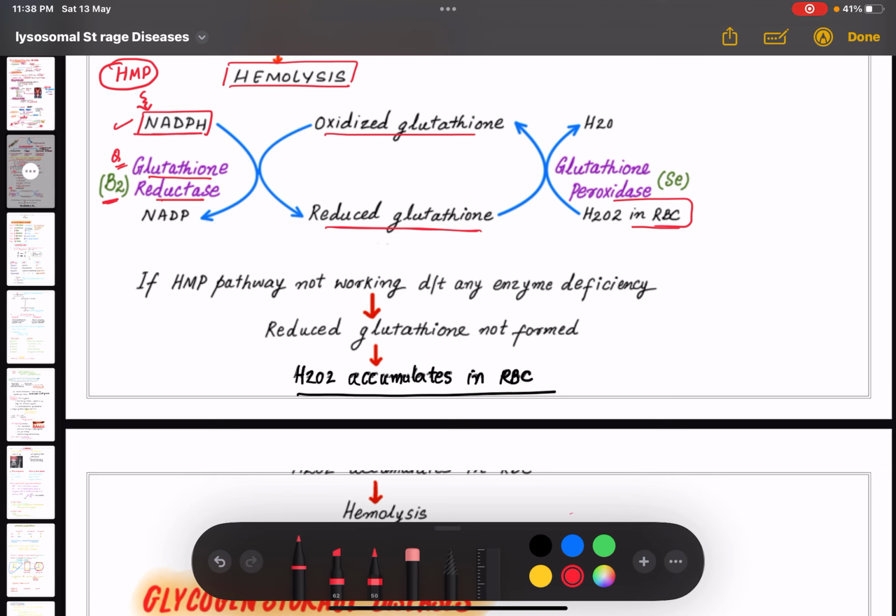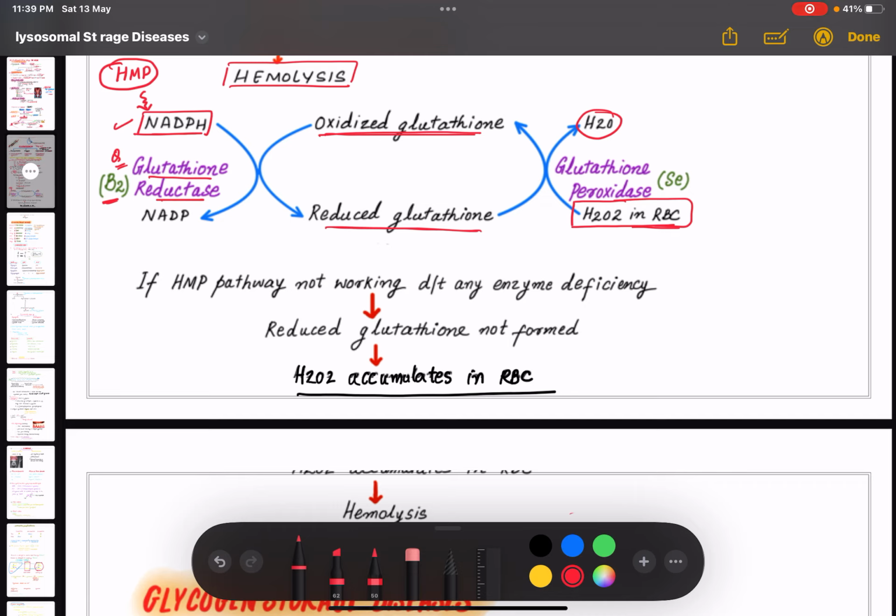Once reduced glutathione is formed, now we know in RBCs, hydrogen peroxide, that is H2O2, keeps on accumulating, and we have to remove this waste material from the RBCs. How can we remove it? Now this H2O2 will add to reduced glutathione, and it will be converted into water, and again we will get oxidized glutathione.